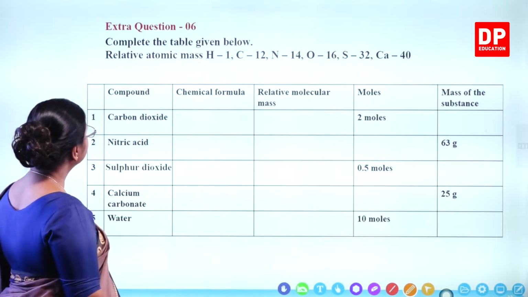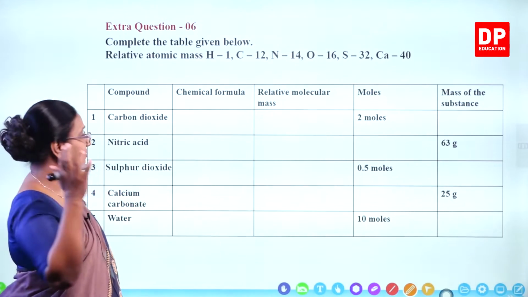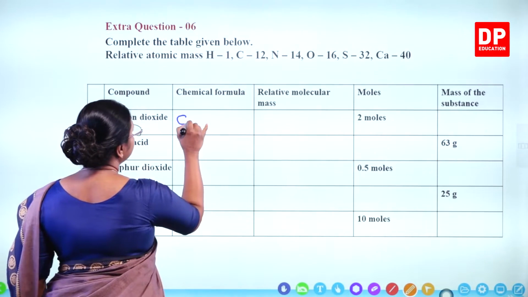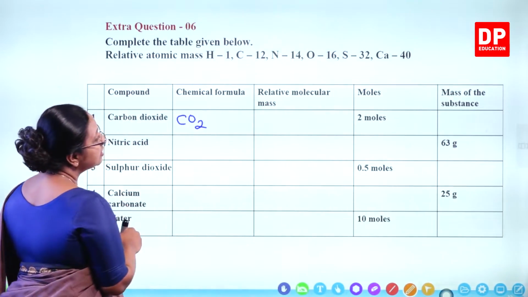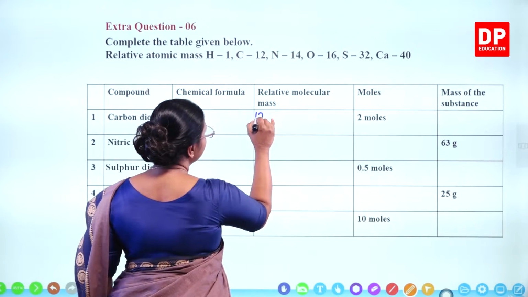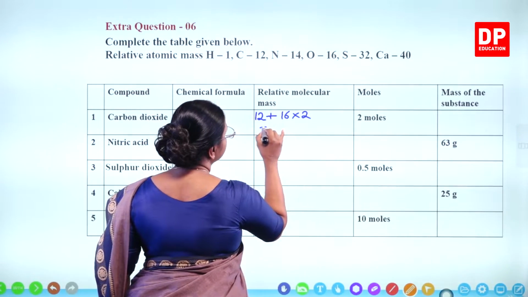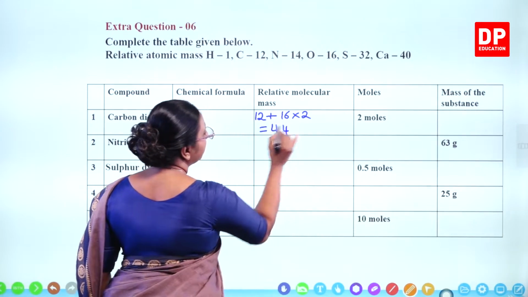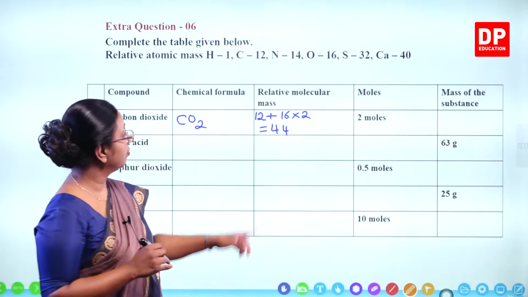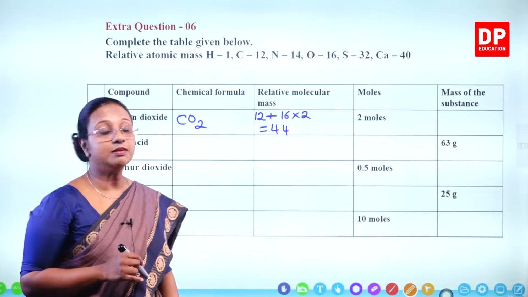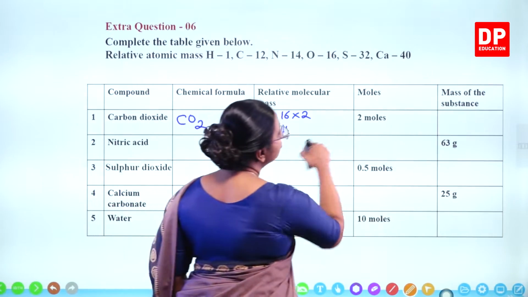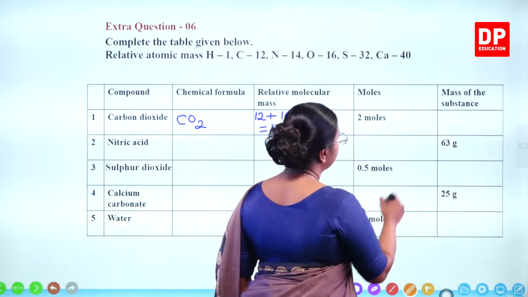So, we'll start with the first one. Carbon dioxide, very easy for you all. CO2. Relative molecular mass, carbon 12, oxygen 16 into 2. That is 44. Here do we write a unit? No. Why? Relative molecular mass. So then 2 moles. We need to calculate the mass.